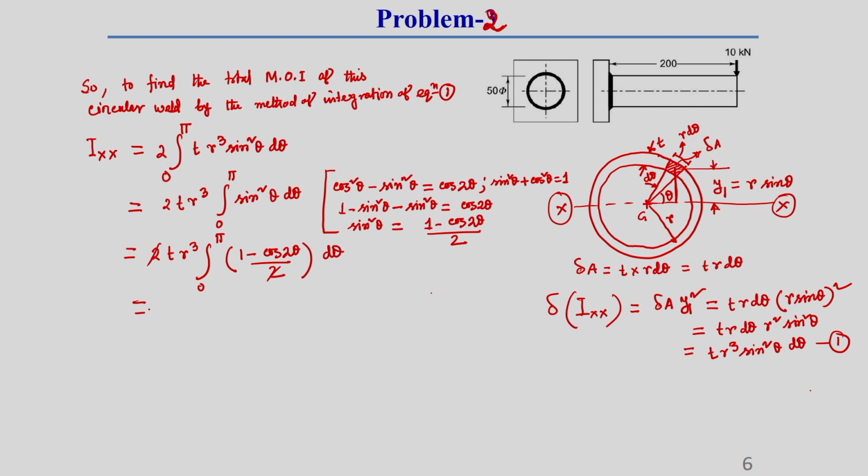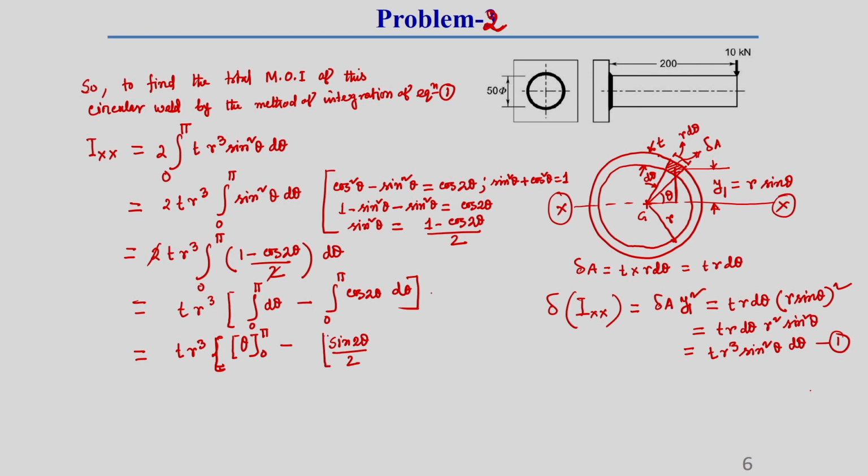Here we are getting t r cube times the integration of 0 to pi d theta minus the integration of 0 to pi cos 2 theta d theta. d theta integrates to theta, its limit varying from 0 to pi, and the integral of cos 2 theta is very well known to you, so I am directly putting it as sin 2 theta by 2, its limit also varying from 0 to pi.